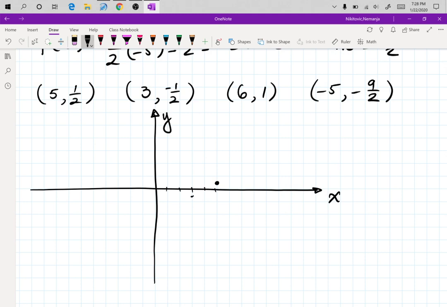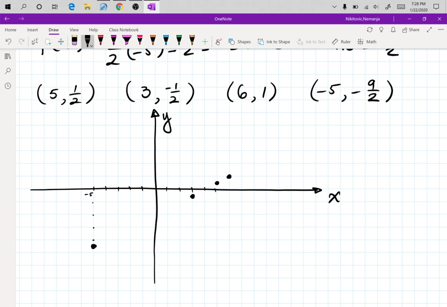3 and -1/2. 6 and 1. -5 and -9/2, which is 4.5. So -5, then 1, 2, 3, 4, that's -4, and -4.5.